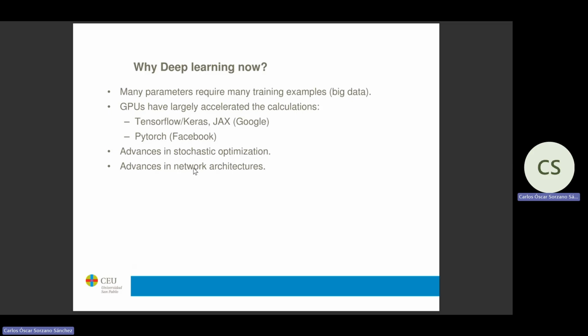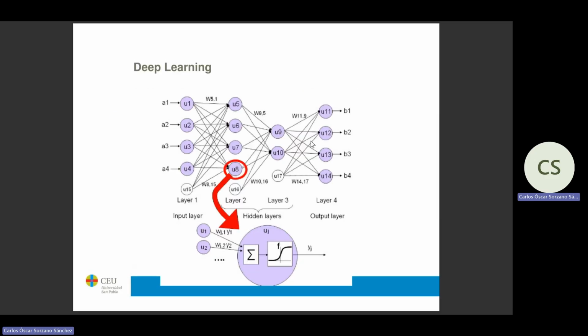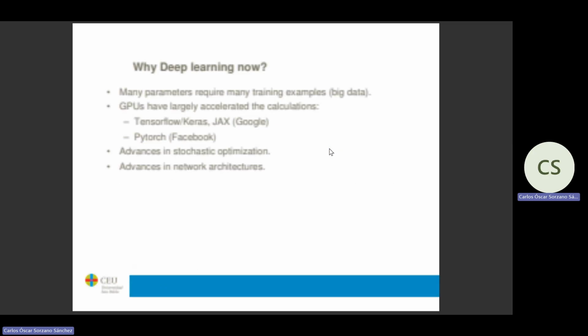And then the changes in the network architecture. This architecture is the most simple one, but you can have a lot of combinations that I will not enter into because that is more for the course on neural networks. But there have been a lot of advances in these network architectures.